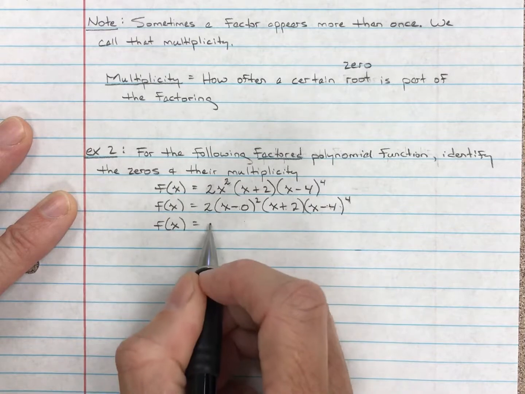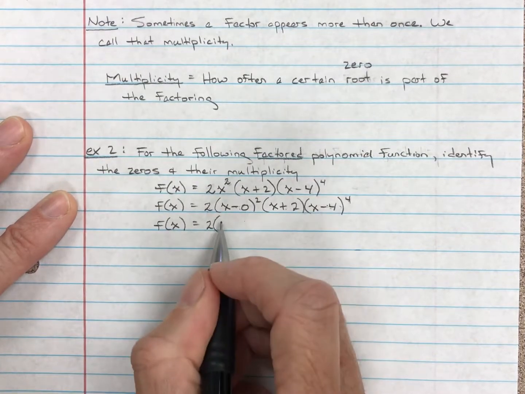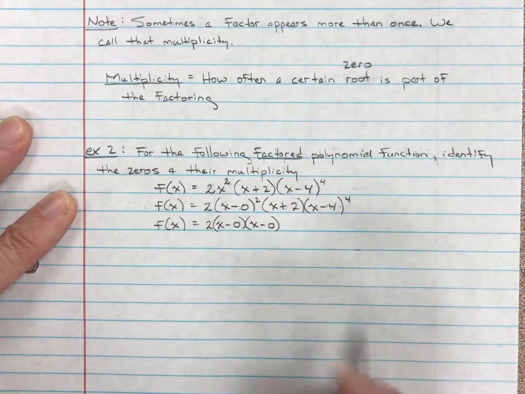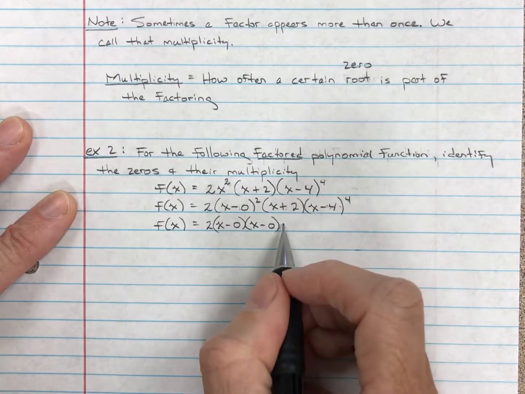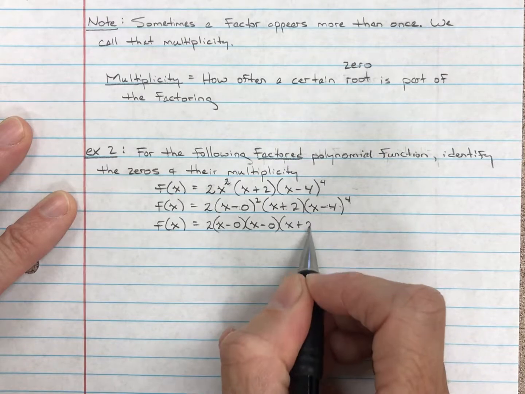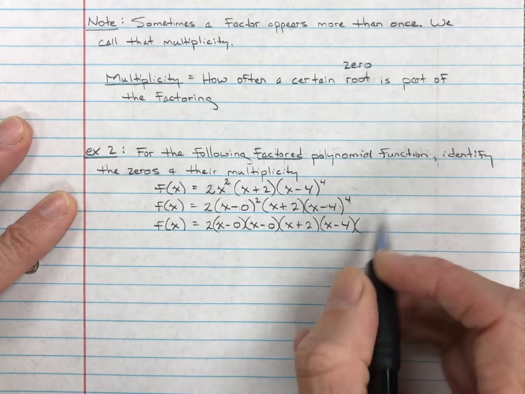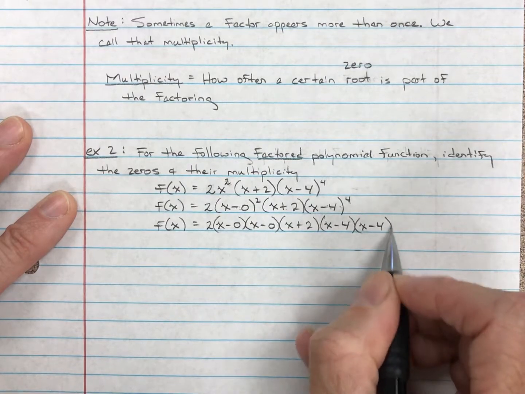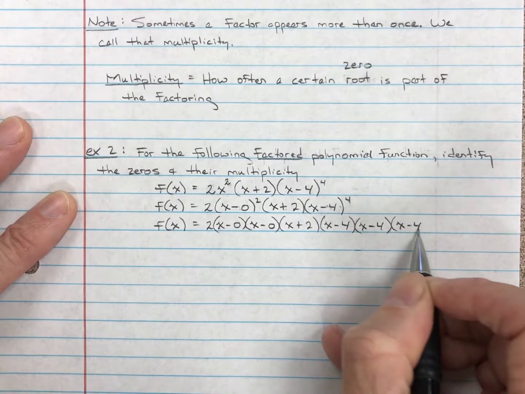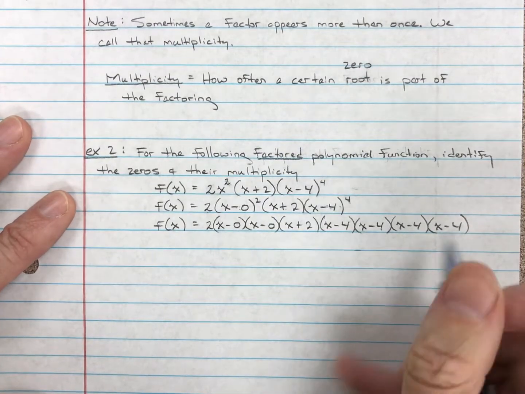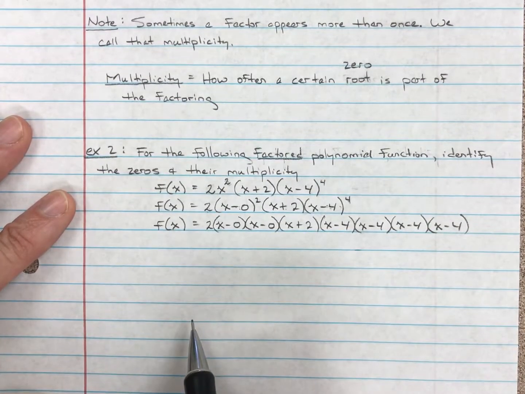Let's expand this. Okay, this is saying 2 times, I want 2 x minus zeros, because I have it twice. I want 1 x plus 2, and I want 4 x minus 4s. Okay, so that's totally expanded.